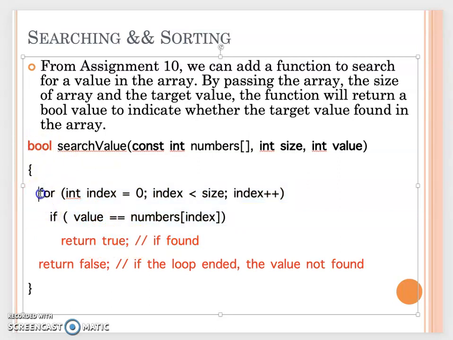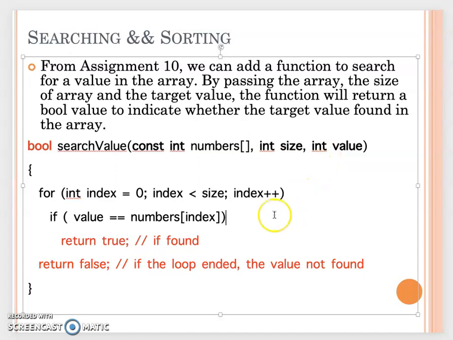On the other hand, if I finish this for loop and didn't find the matching value, then when I come to this point, that means I didn't find it, so I return false. So that's another way, still using a similar implementation for your searching value function. Sometimes we just want to know whether you find it or not, so we return the bool data type, return true and false, and use the for loop to implement that.